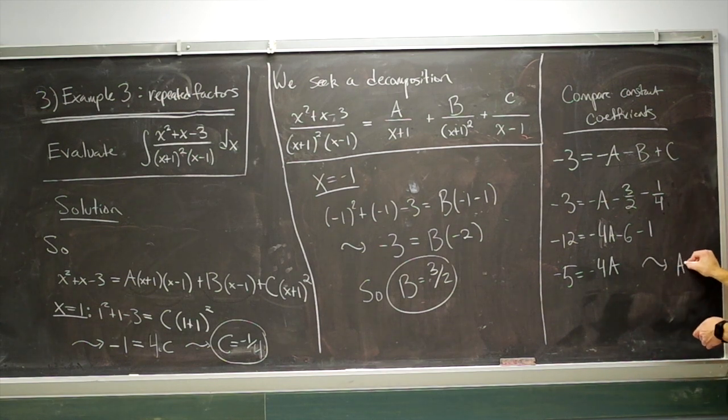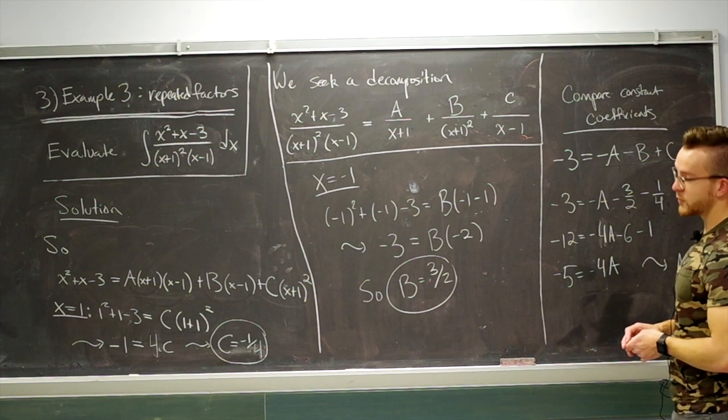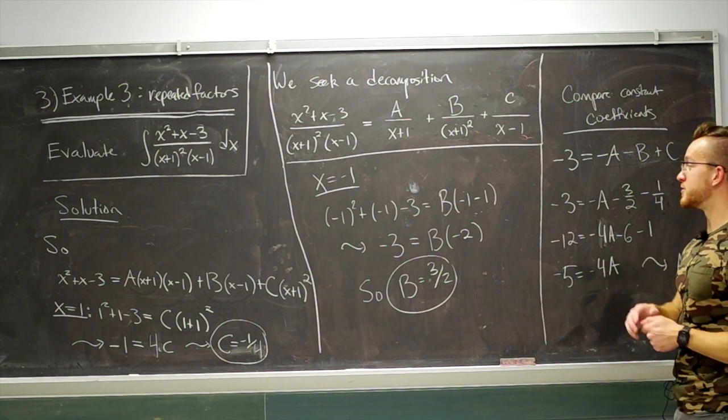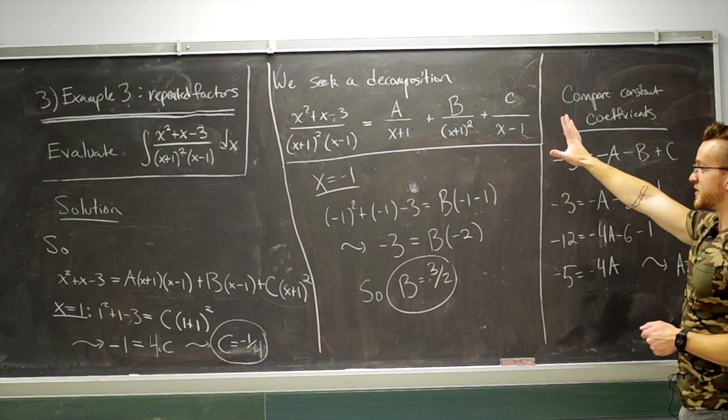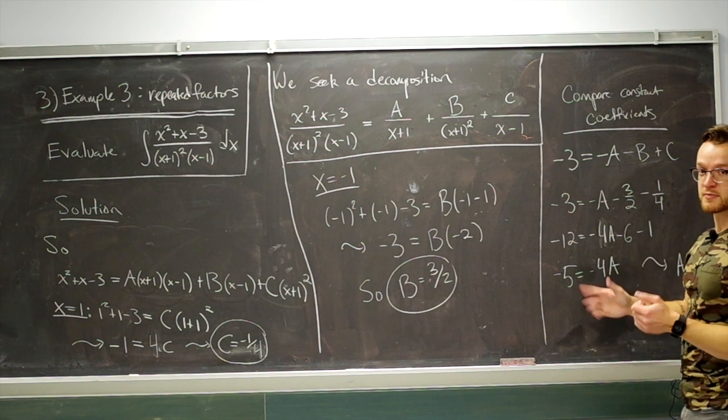And it looks like a, if I did all of this correctly, is 5/4. Okay, so we've found a, b, and c. Now we just have to plug this in here, and then we can do the integration, and then we're done.